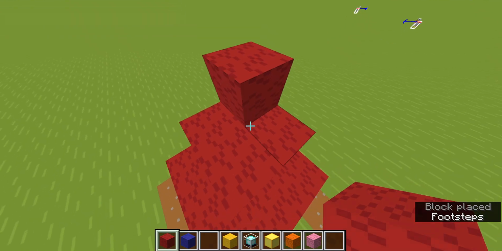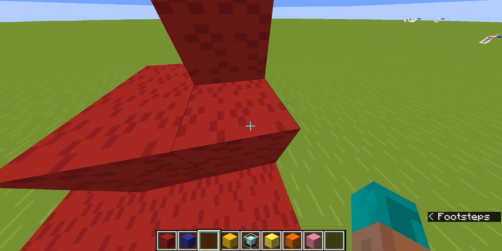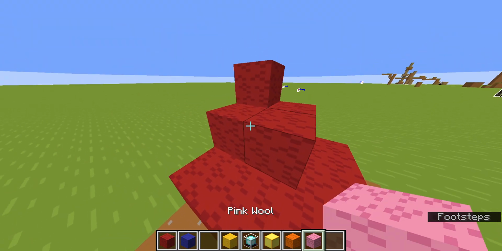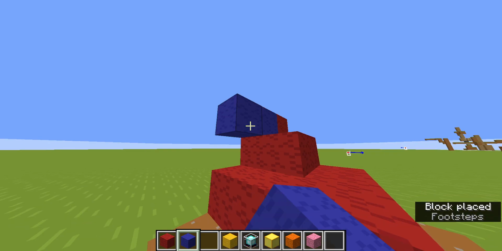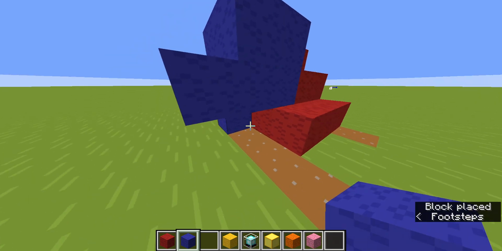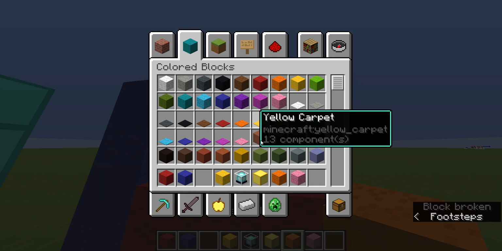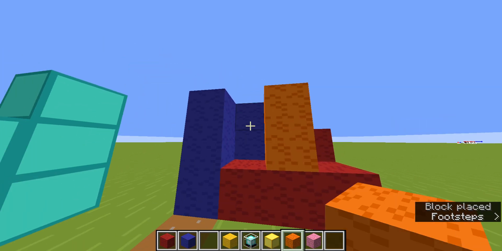So here is the red. So this is just the same shape. Now I'll grab this blue wool and make a similar shape that is rotated. Then I'll grab the orange wool and I'll do the same thing.